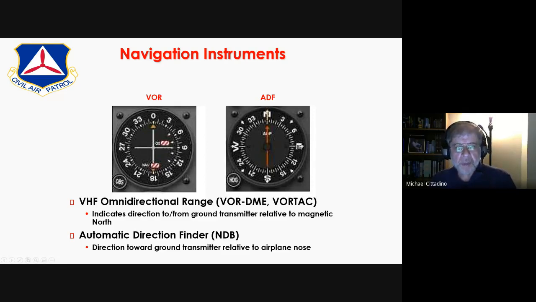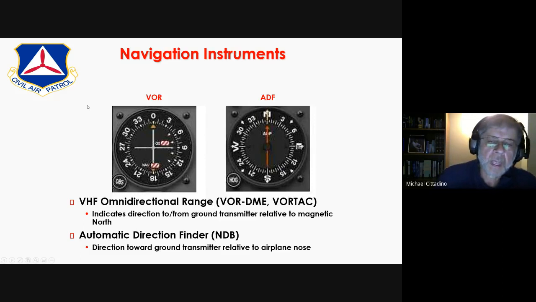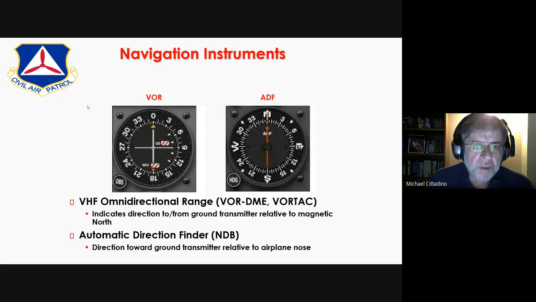The other instrument we have here on the left is a VOR, VHF omnidirectional range. VORs are still in use and actually quite wide use, although they are being phased out in favor of GPS.